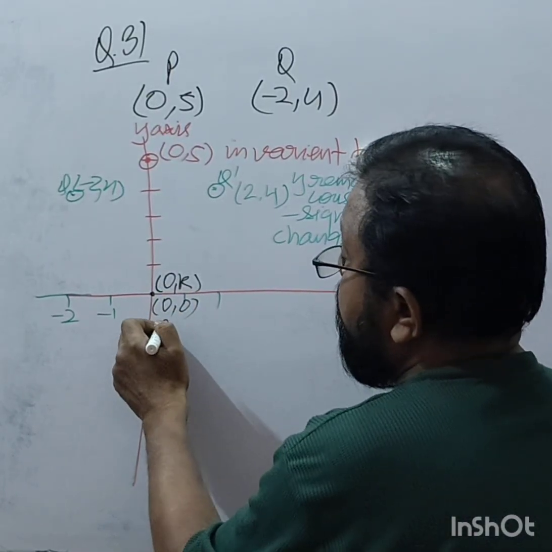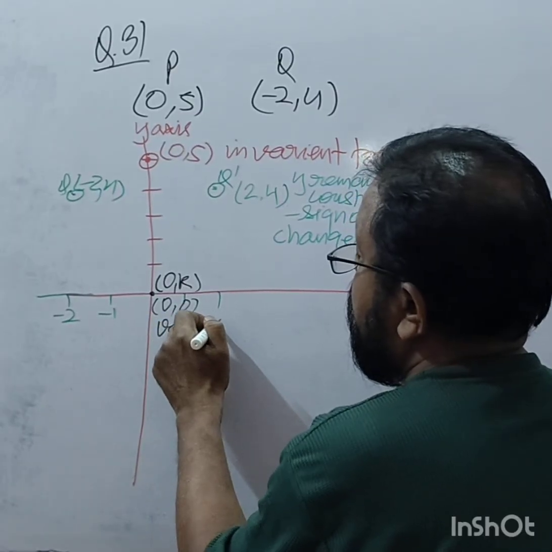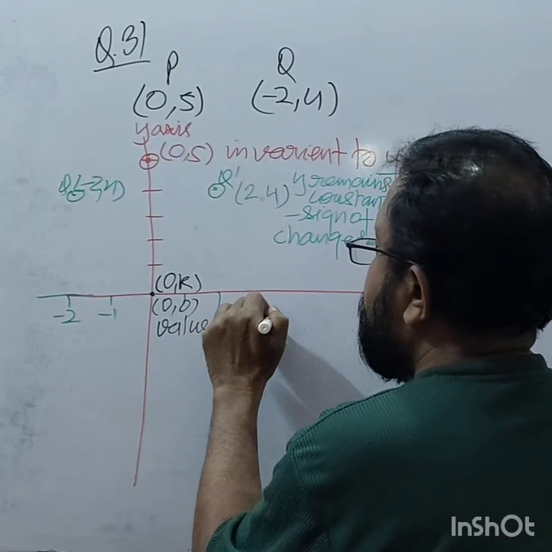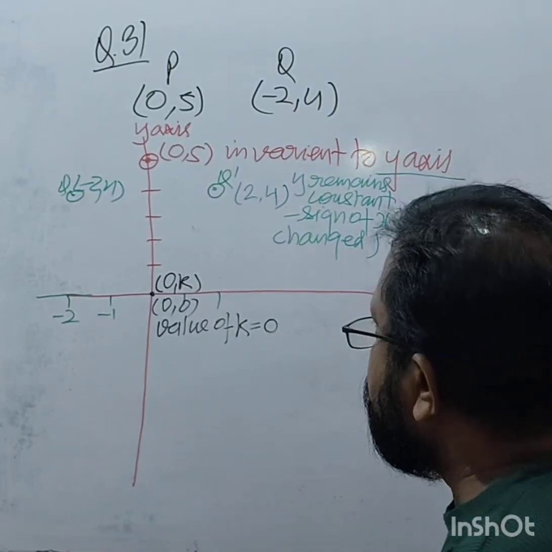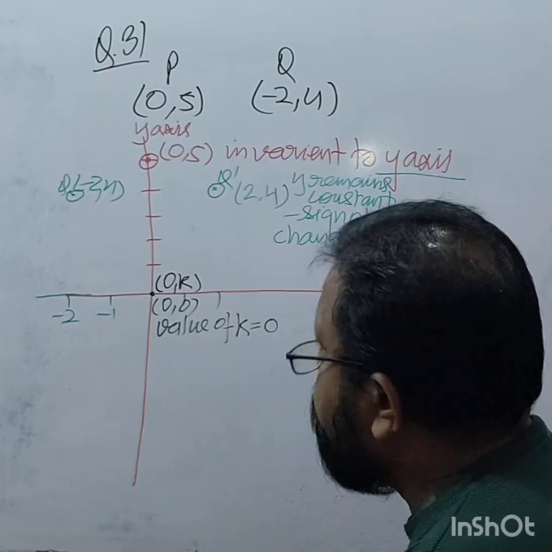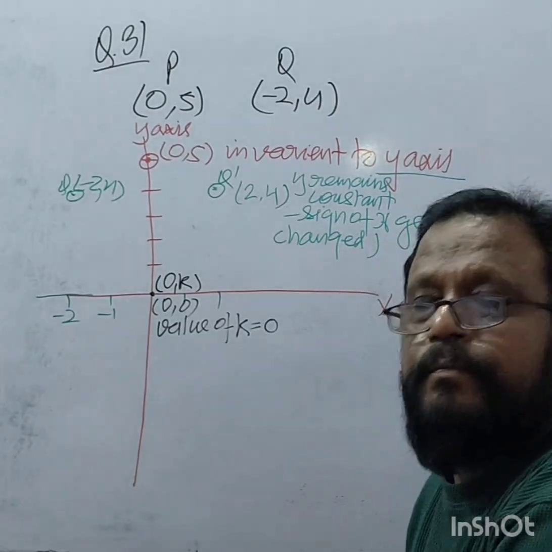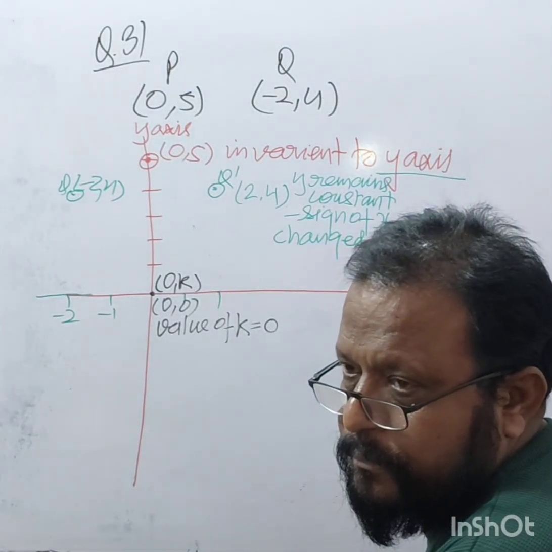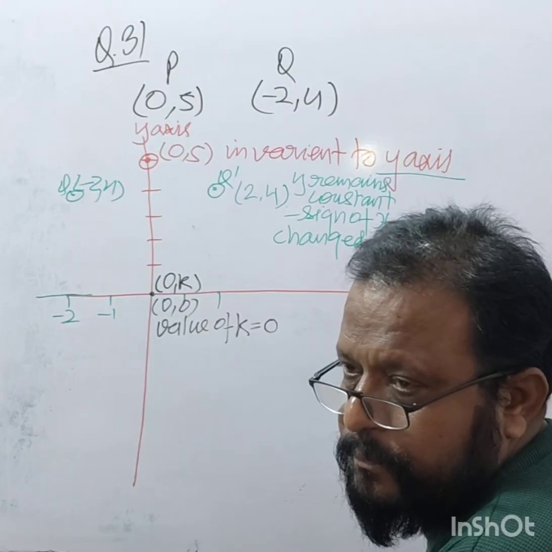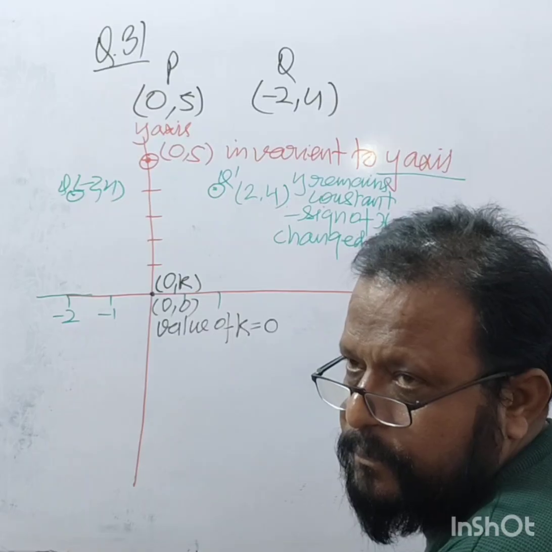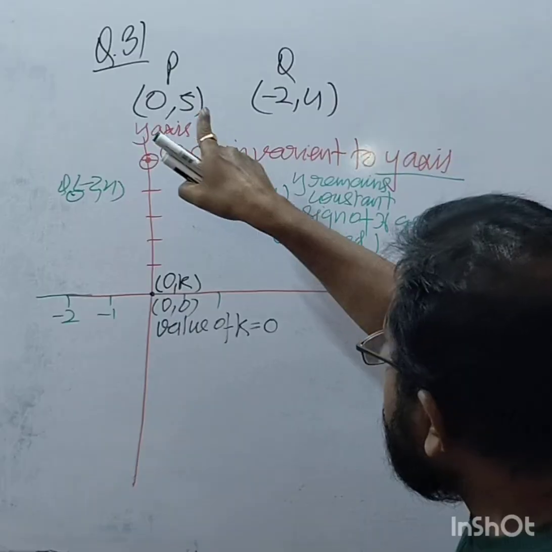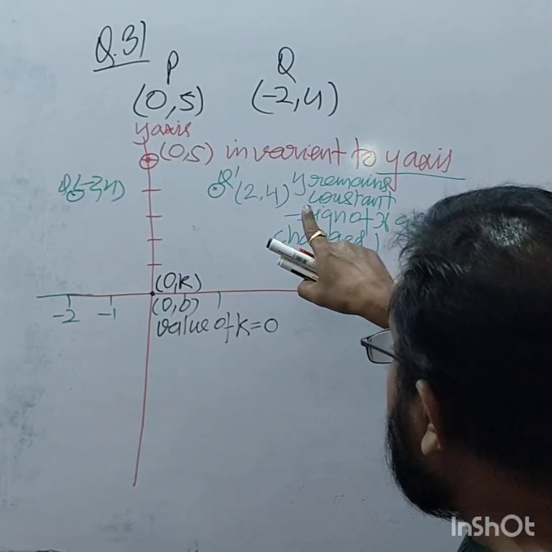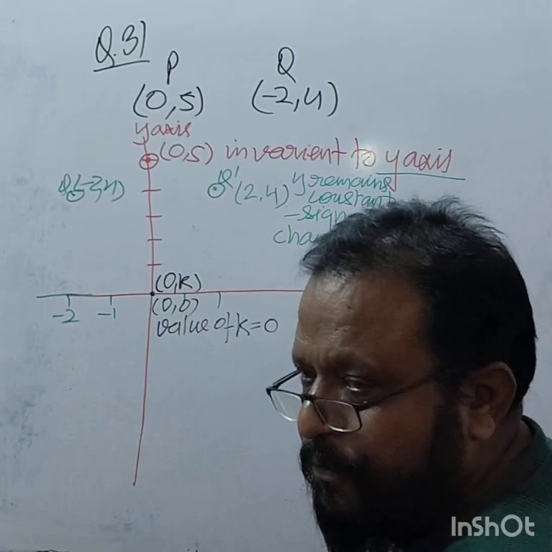So the value of K is equal to 0. What is your answer? Zero. This is invariant to the y-axis. Okay, what next?